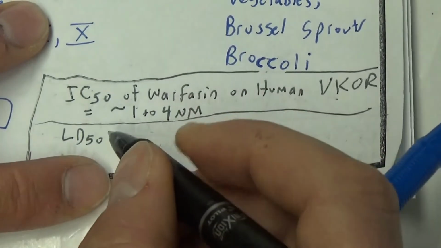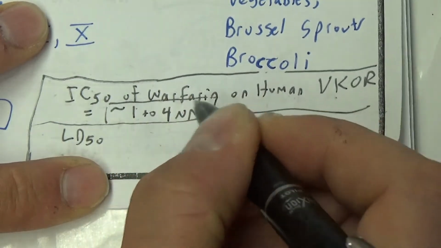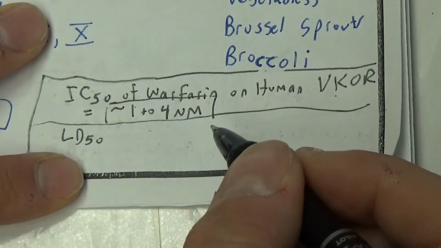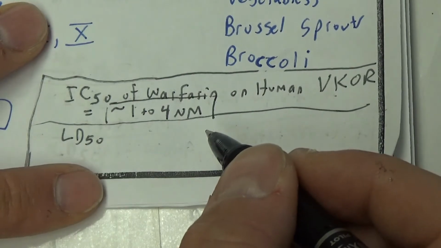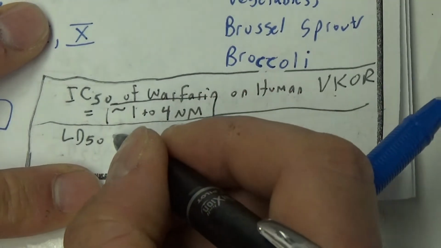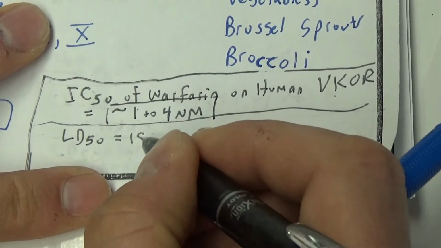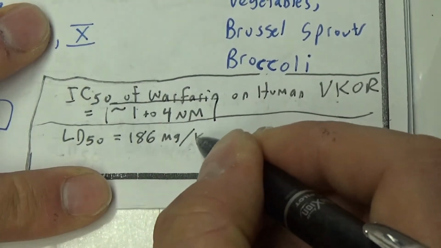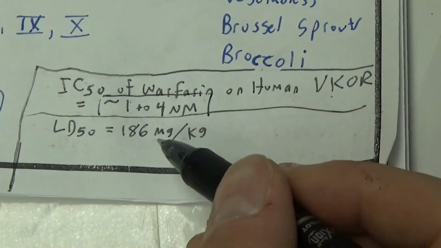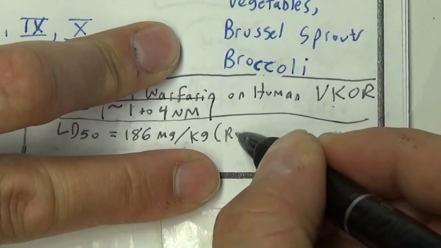So how do we measure dose? Okay, so the IC50 is in micromolar. The lethal dose of warfarin in a rat is 186 milligrams per kilogram. So that means 186 milligrams per kilogram of rat body weight.